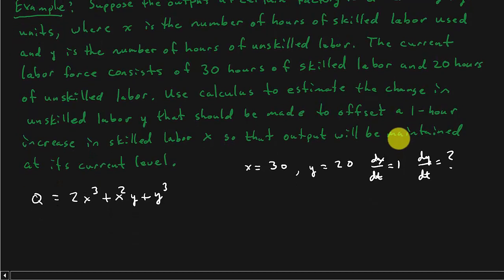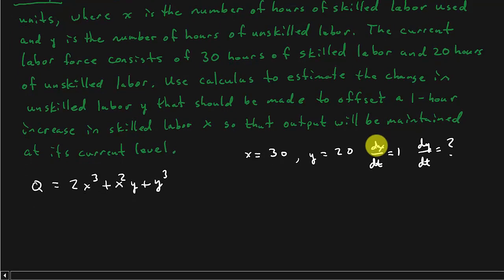Well, what's the current level of output? It's 30 hours for skilled and 20 hours for unskilled. So we can take Q is equal to 2 times 30 cubed plus 30 squared times 20 plus 20 cubed, right?